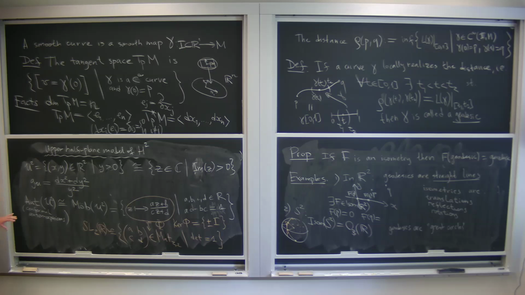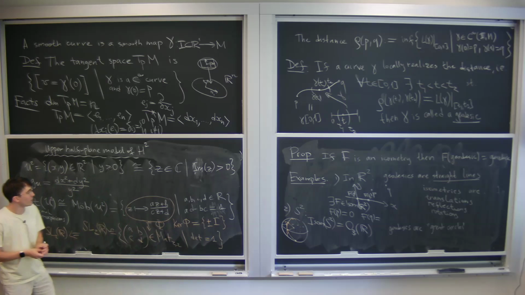And in fact, this gives us the isomorphism. So this implies that Aut of U2 is isomorphic to PSL2(R), and this PSL2(R) is precisely the quotient by this kernel. Okay, this is very nice.